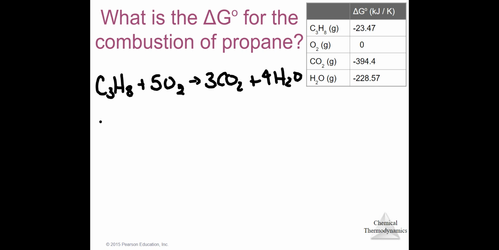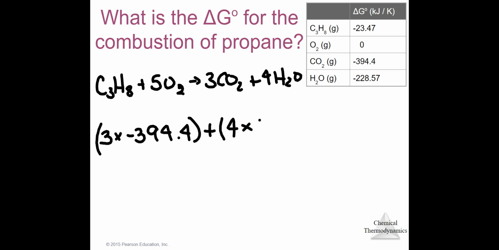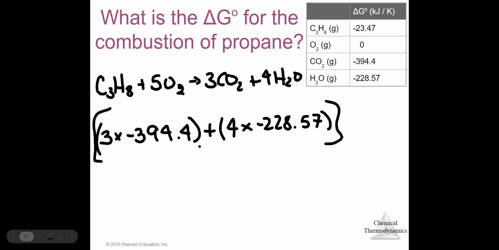All right, let's take a look. So again, products minus reactants. For CO2, I have 3 times negative 394.4, plus, excuse me, for water, 4 times negative 228.57. So that's going to be our products minus our reactants.